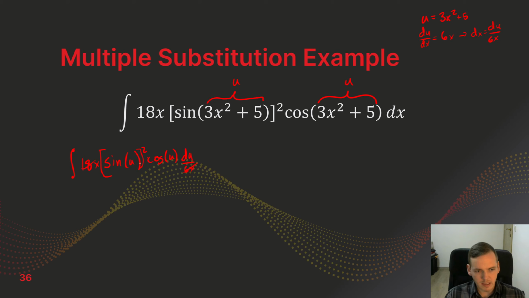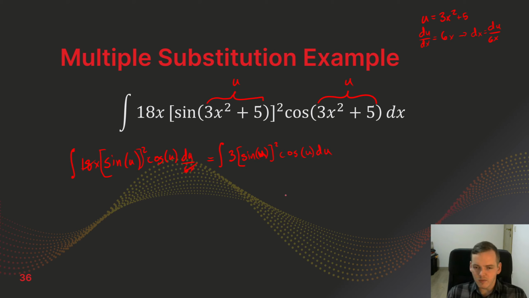The 6x and the 18x will cancel or reduce and leave me with the integral of 3 times sine of u squared times cosine of u du.